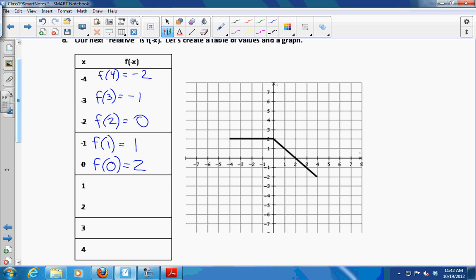Okay, then instead of taking f of 1, they gave me x is 1. I'm going to take f of the opposite of 1, f of negative 1, which is 2. And all these last ones are just going to keep coming out as 2.